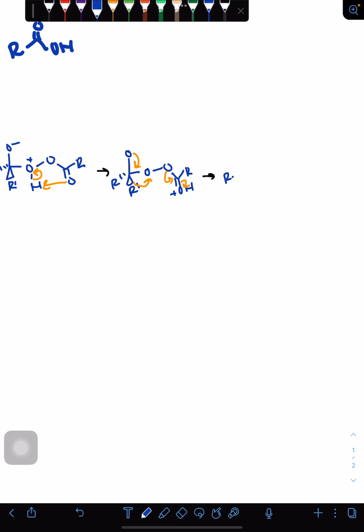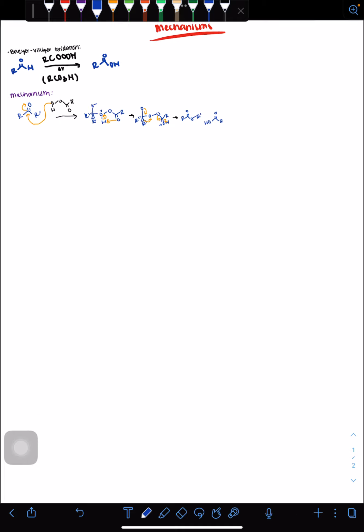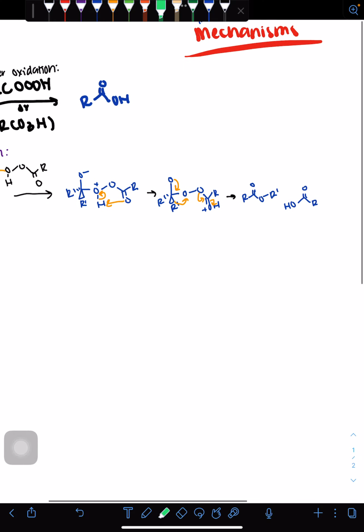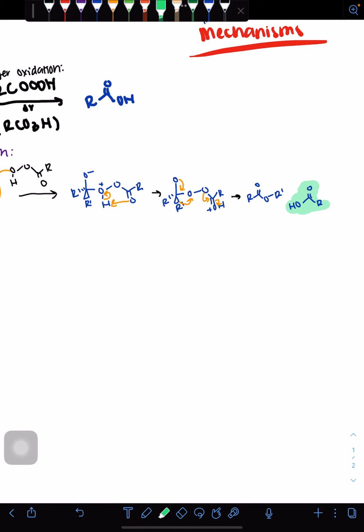We're going to have this one with our R groups and the product that we had before. So in the end, it's kind of flipped. We have this equals this.